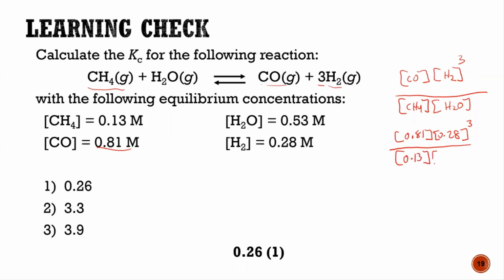And for the water, I have 0.53. And that should give me a value of 0.26. So again, you're not expected to memorize any of these, but you are expected to be able to write out the equilibrium constant expression, plug in the concentrations at equilibrium, and solve for that value.